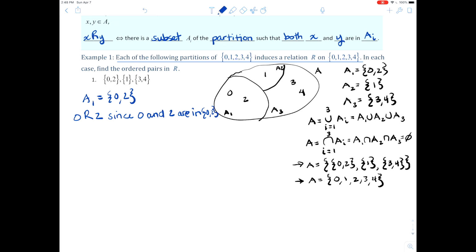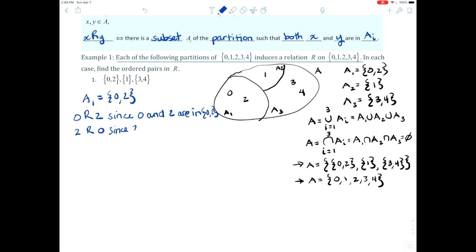All right. What else? Beautiful. We will have 2 R 0, right? Again, now we've switched them. So now 2 is the x value and 0 is the y value, right?